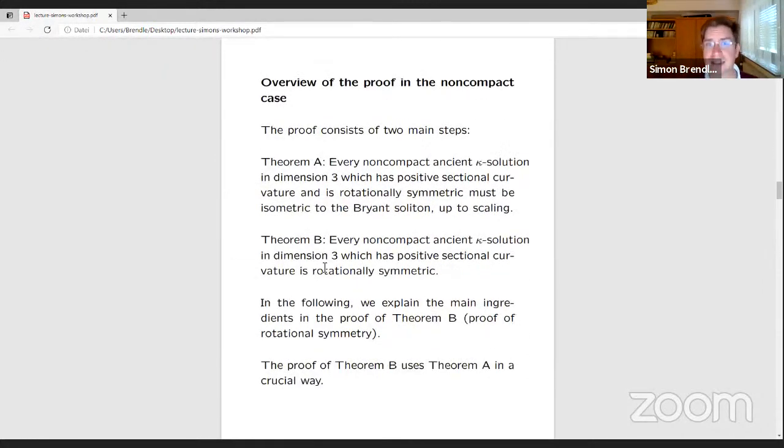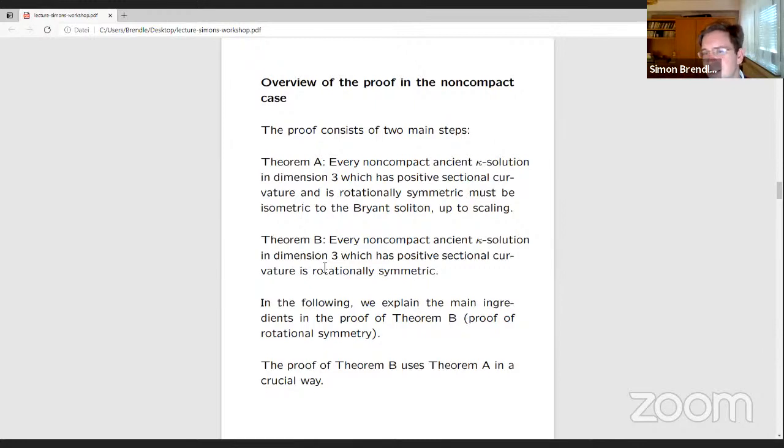Right, now let's focus on the non-compact case. And this result has basically two parts, which I call theorem A and theorem B. And A is a result entirely about rotationally symmetric solutions. So it says that if you have a non-compact ancient kappa solution in dimension 3, which has positive sectional curvature and which is rotationally symmetric, then it has to be isometric to the Bryant soliton up to scaling.